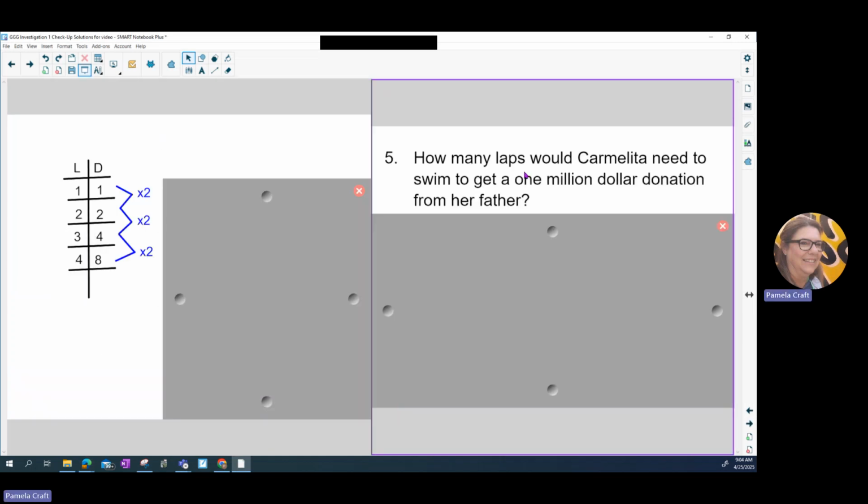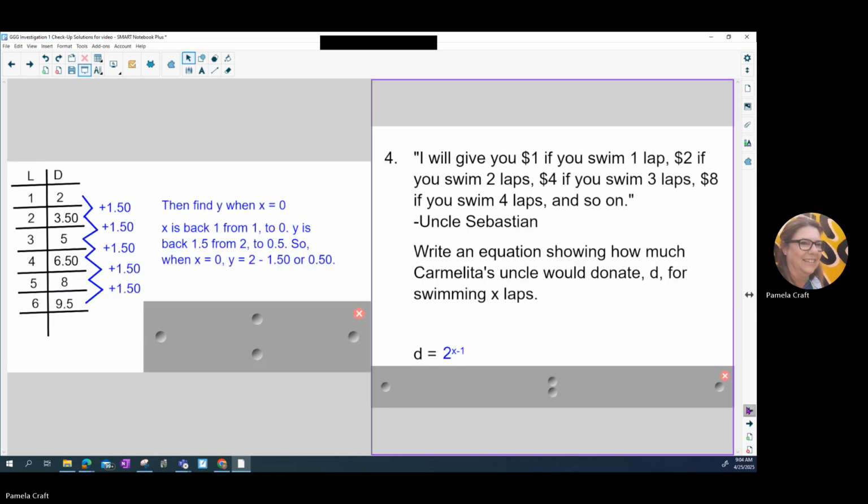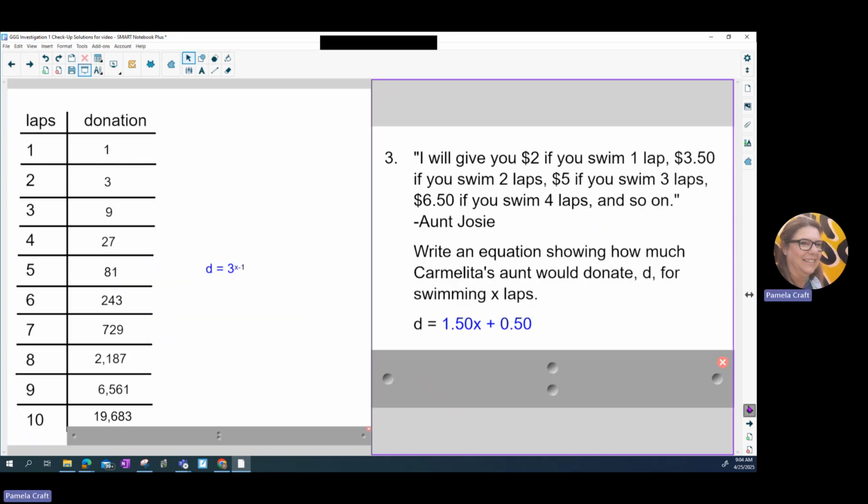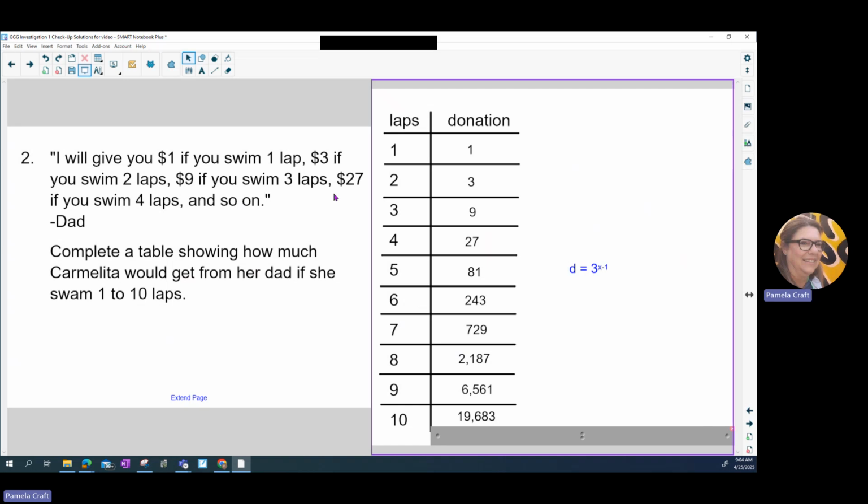And number 5, they want to know how many laps would Carmelita need to swim to get $1 million from her father. So her father, back and find her father's, was this table here.